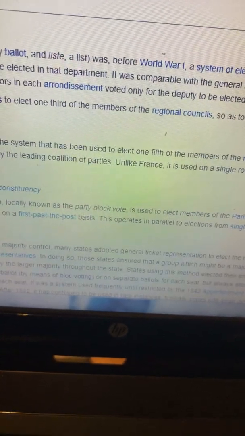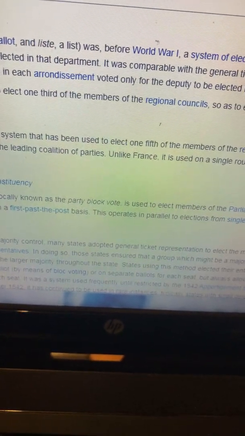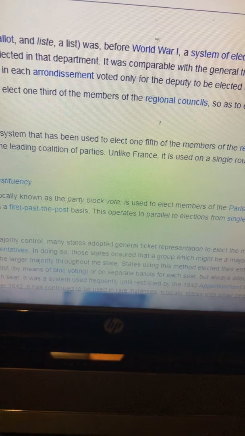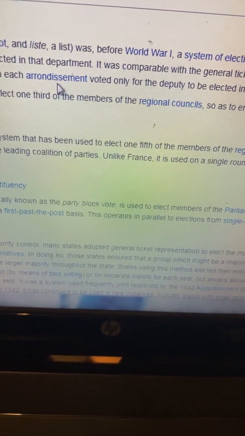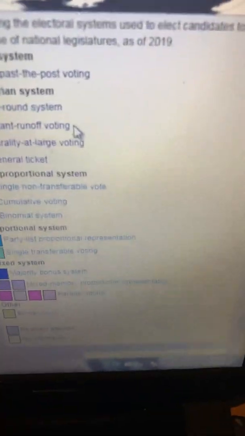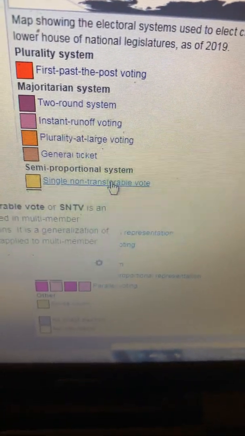Like in, the most is single non-transferable, yeah.